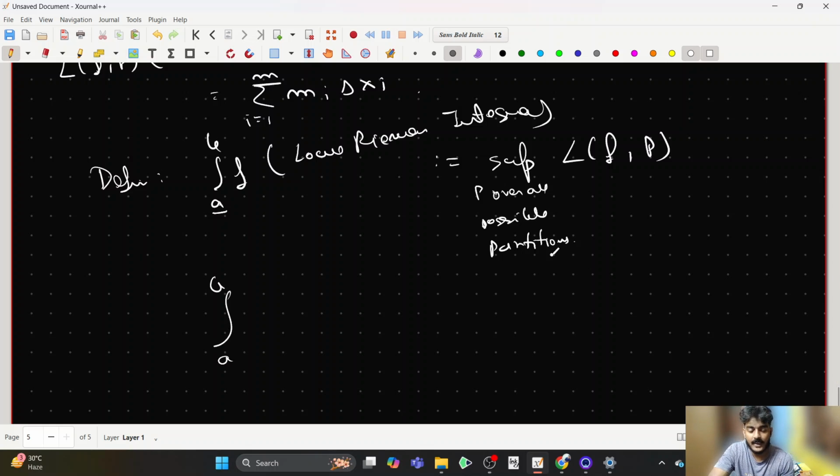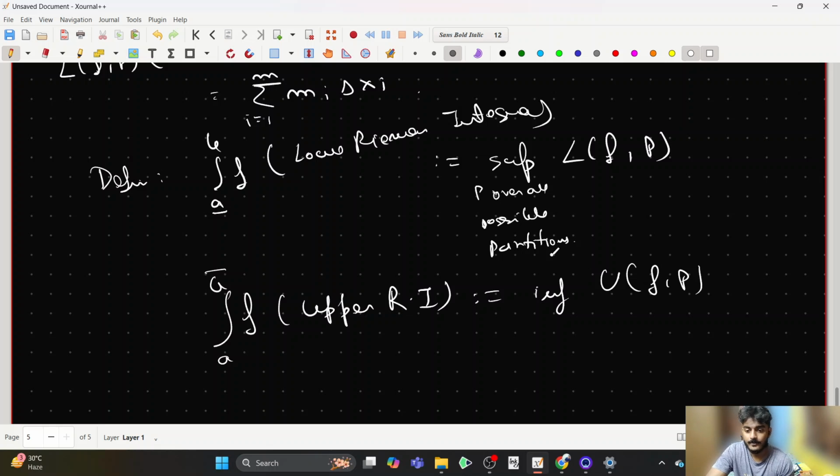And then I have the upper integral of f from a to b. This is called the upper Riemann integral, which should be the minimum possible area of all those rectangles which approximate the curve from above. So it is the infimum of all these upper sums, where P is over all partitions.